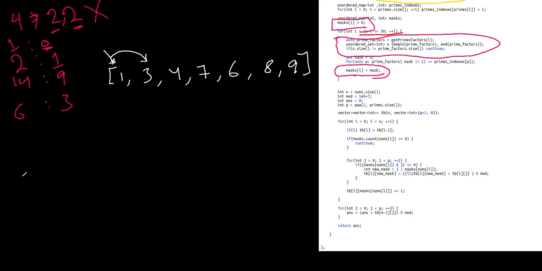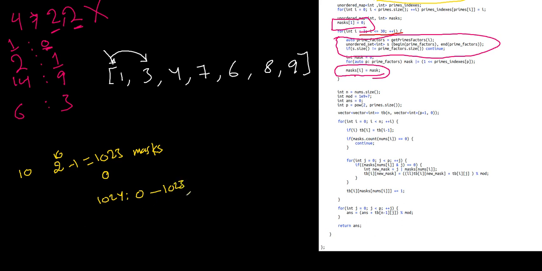So we have 10 prime numbers, and this means we have 2 to the power 10 minus 1, which equals 1,023 possible masks. And add to this the 0 mask, so we have 1,024 masks from 0 to 1,023.